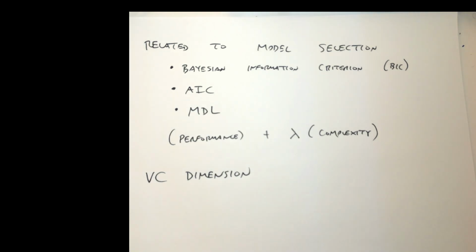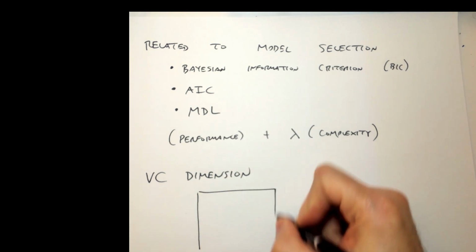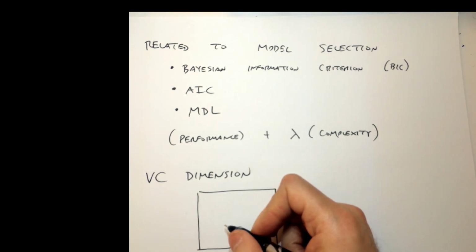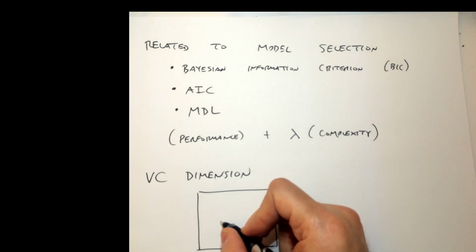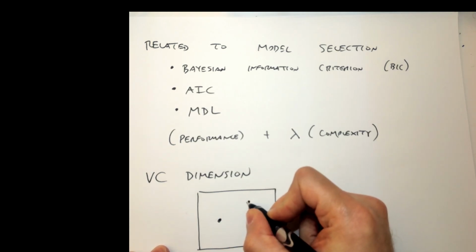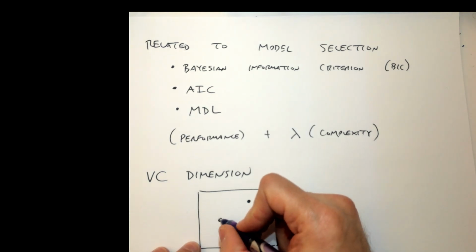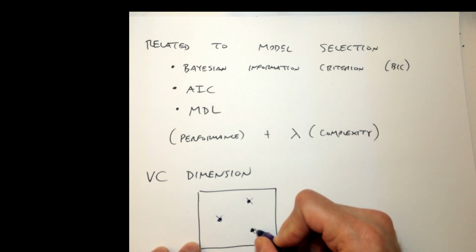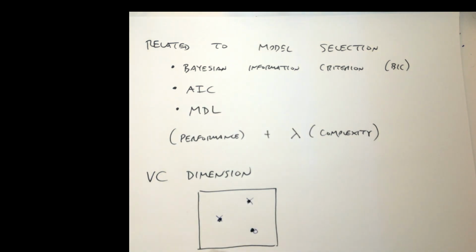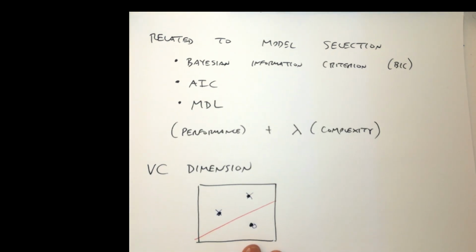And so there's a cool idea in VC dimension called shattering. The idea is that if I have a set of 3 points here, no matter how I label these 3 points with X's and O's, like so for example, say that I call these X's and I call this one O, I can always draw a single straight line that divides the X's from the O's, no matter how these 3 points are labeled, right?